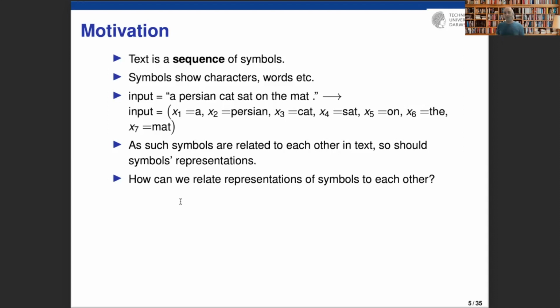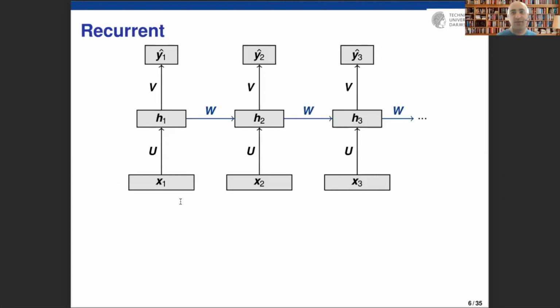So the representation of a Persian cat should be different from the representation of a cat in general, right? So the question is, how can we relate representations of symbols to each other? We know that in the text, symbols are related. So in the embedding space, the vectors should be close to each other or somehow represent this relatedness in the language. How can we do it? This is the main motivation for the recurrent neural models.